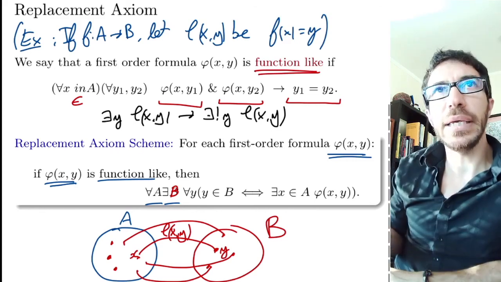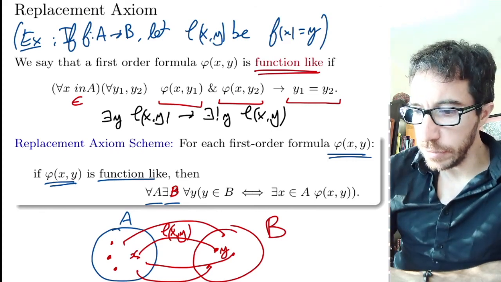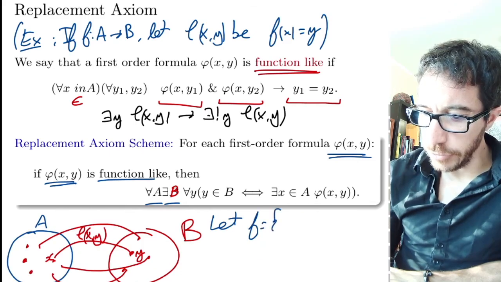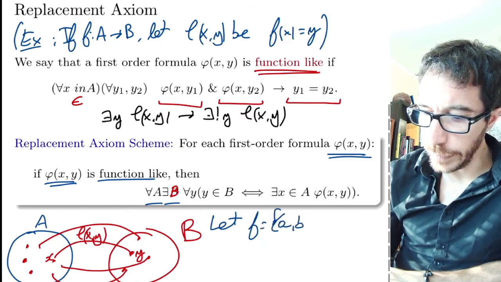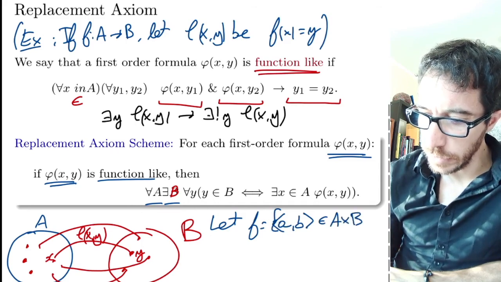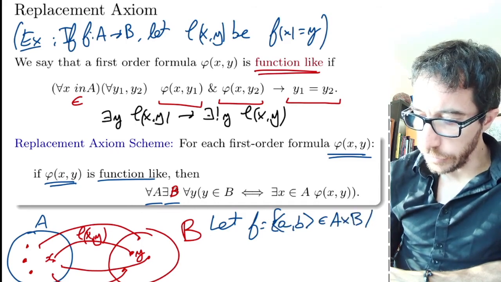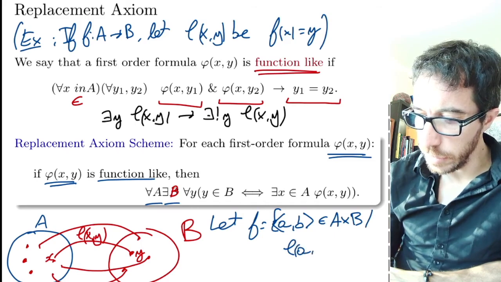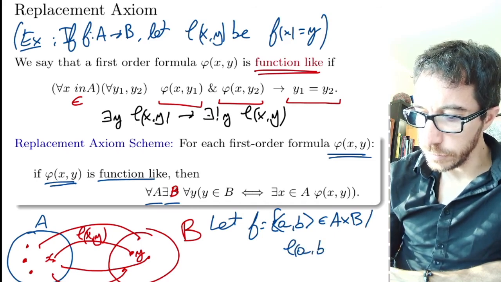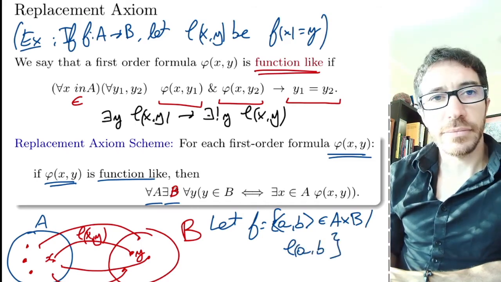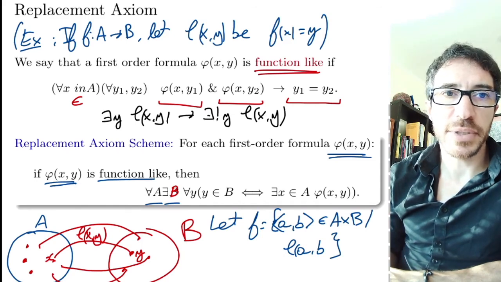Once you have B, you can now define F to be the set of pairs (a, b) that belong to A times B such that phi(a, b) holds. We can define this by the subset axiom.